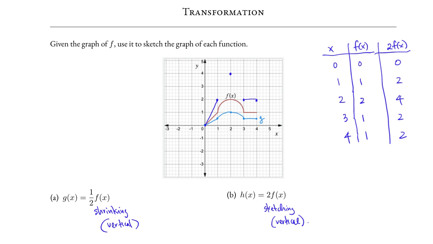Now for the middle graph, we do not want to use a line to connect the points there, but we will try to draw a round shape. Again, this time it is no longer a perfect semicircle, but it is still a round shape figure. And this is the graph of the function h.